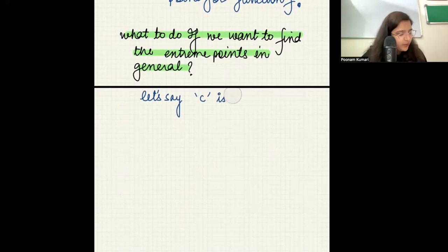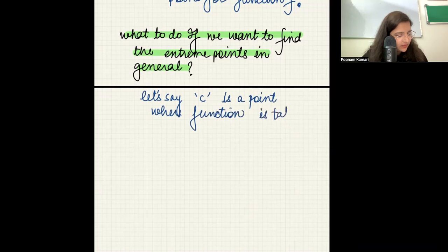So C is basically a point where your function is taking maximum value. Suppose. Here we are trying to establish some steps, or some philosophy or guidelines, to find maxima or minima. So let's say I have a point C at which my function is taking maximum value. And my function is defined in an interval.